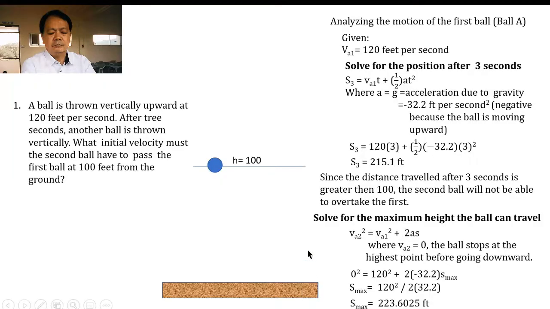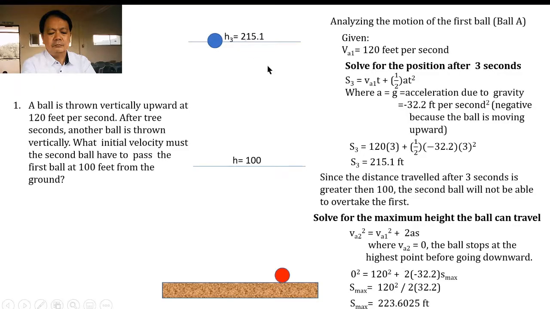Sabihin, na-reach na niya yung 100 bago pa lumabas yung pangalawang bola. Ibig sabihin, madaanan na niya yung height na 100. When, after 3 seconds, nasaan na siya? After 3 seconds, yung bola ay narito na, kinumpute natin na 215.1 feet. Diba? Narito na siya. Saka pa lamang i-release yung second ball.